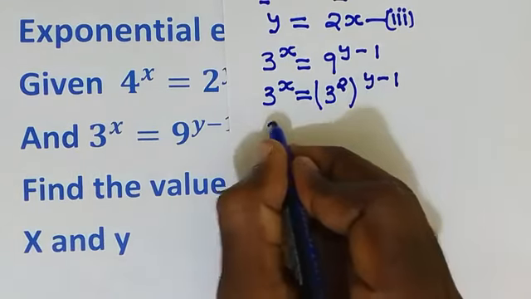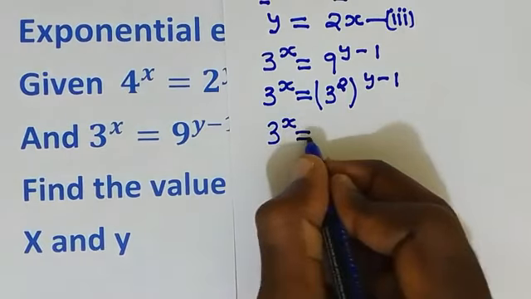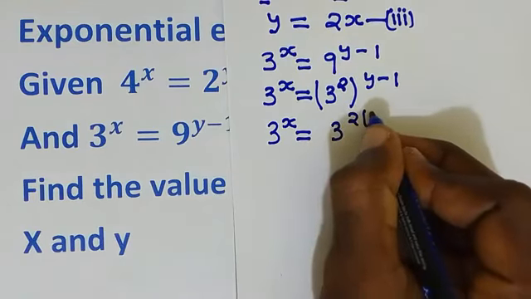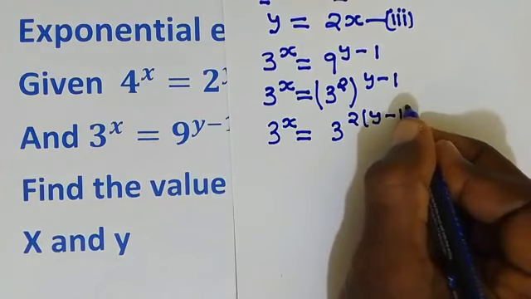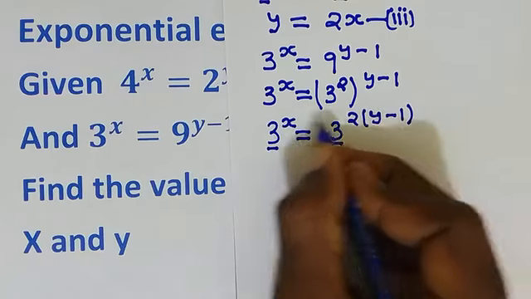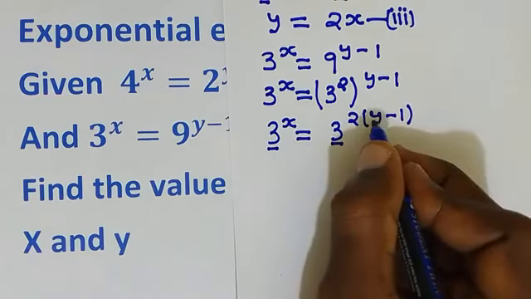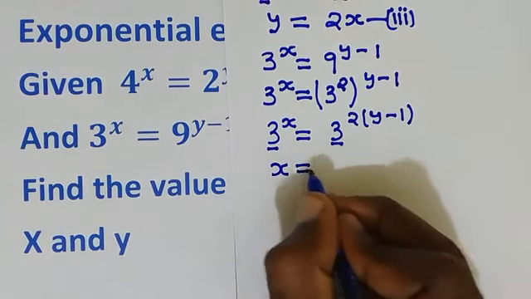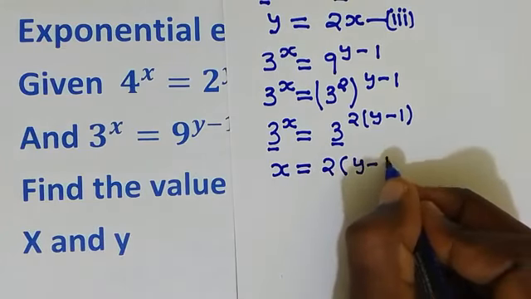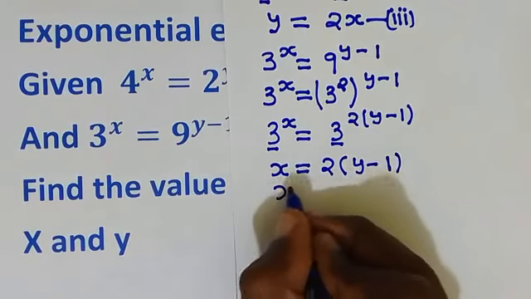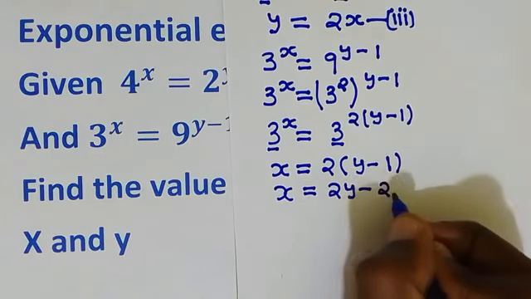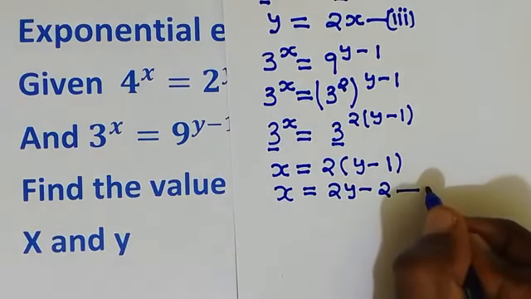That is 3 power x equal to 3 power 2 multiplied by y minus 1. We have the same base, we can compare the powers. That is x is equal to 2 in the bracket y minus 1. That is x is equal to 2y minus 2. I'll call this equation number 4.